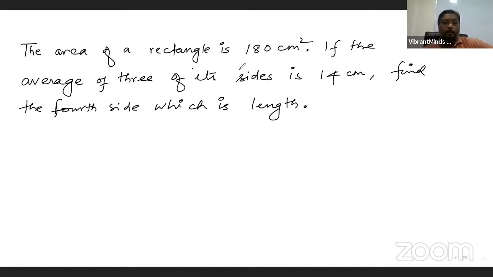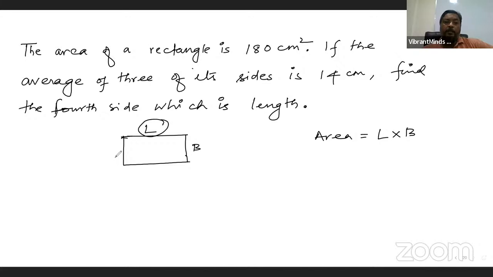Now understand. A rectangle is something like this, where the length is bigger and the breadth is shorter. Area is always equal to length into breadth, and you have to find this and the other side. That is this side and this side.